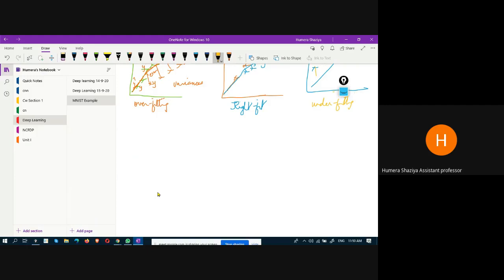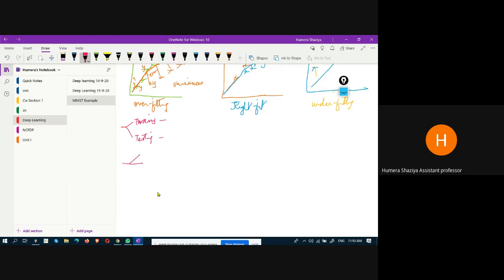Okay, the next concept that you need to understand is evaluation. We just spoke about training and validation. Sometimes you have only two sets, training and testing. So you perform training of the model and testing of the model.